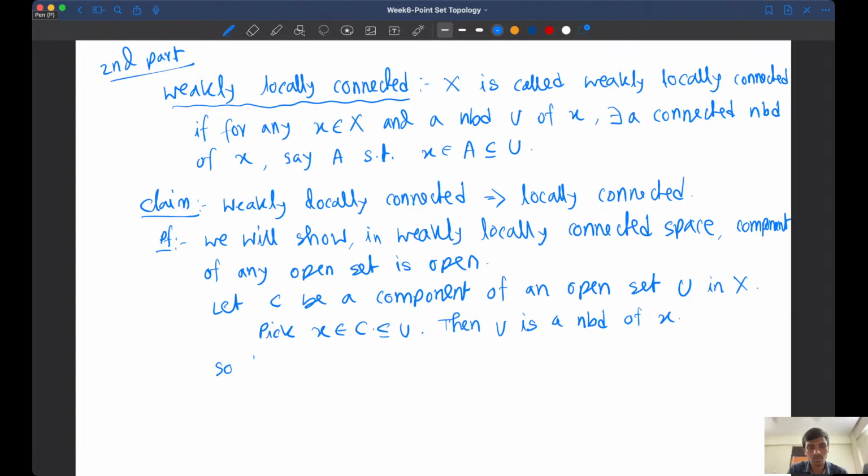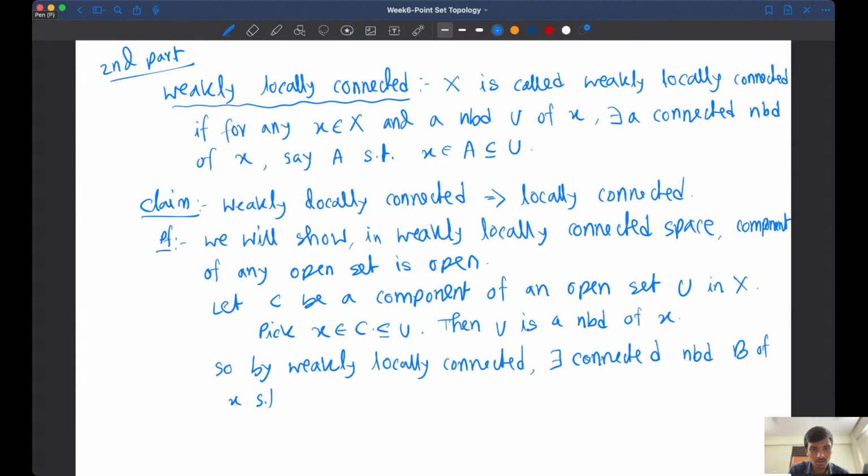So by weakly locally connected, there exists again a connected neighborhood, let's say B, of x such that x belongs to B contained in U.